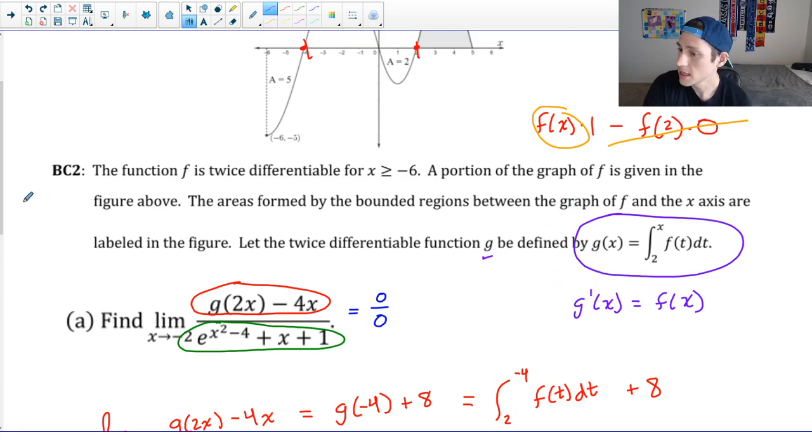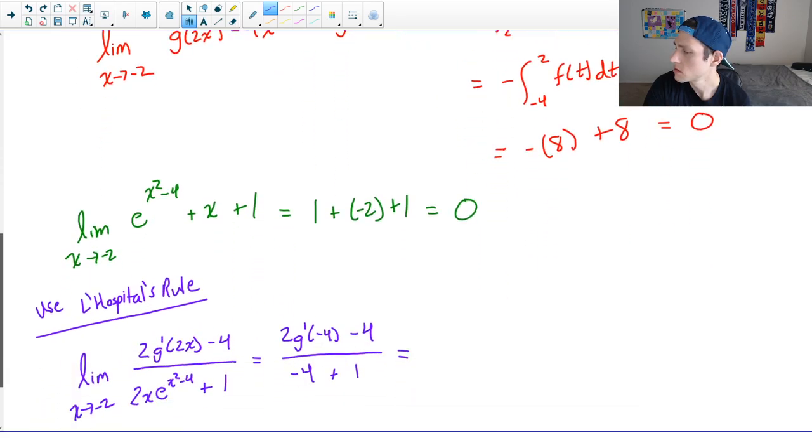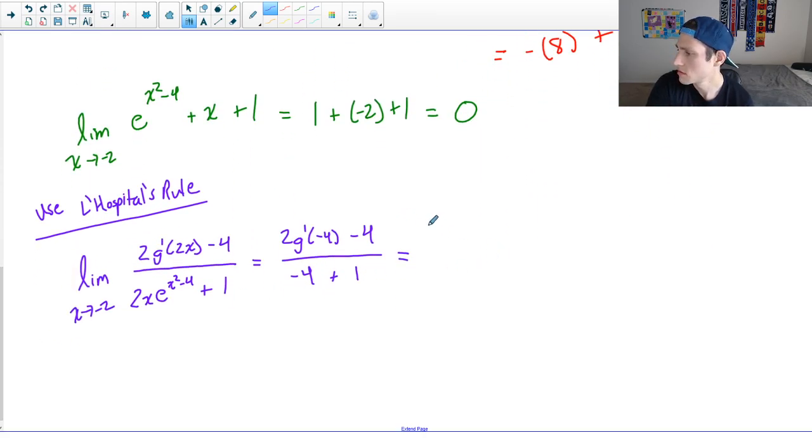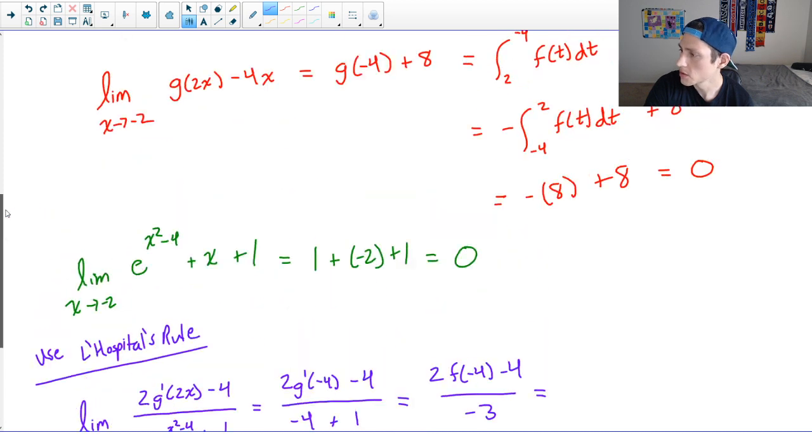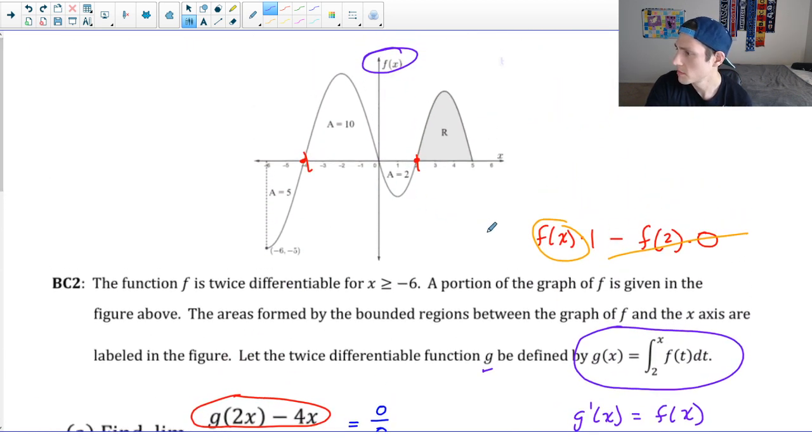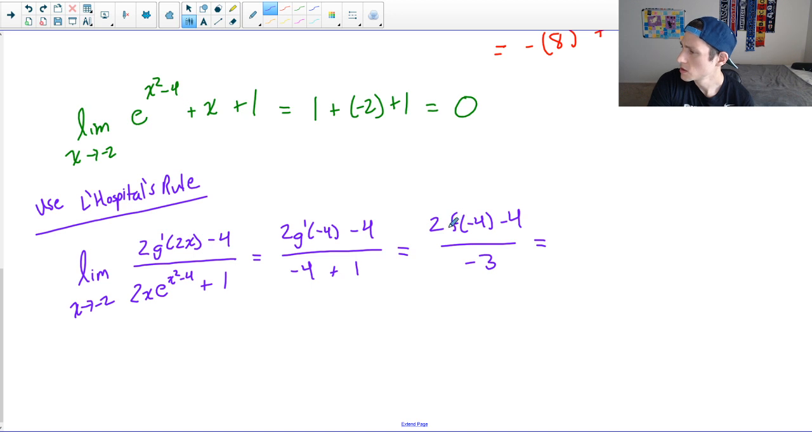All right, so g prime is the same as f. That's good to know. So basically I need to know what is f of negative 4. Negative 4 plus 1 is negative 3 in the denominator. So f of negative 4, well, let me go to my graph. Maybe this will help. Aha! F of negative 4 is 0. That's awesome. So 2 times 0 is 0, minus 4.